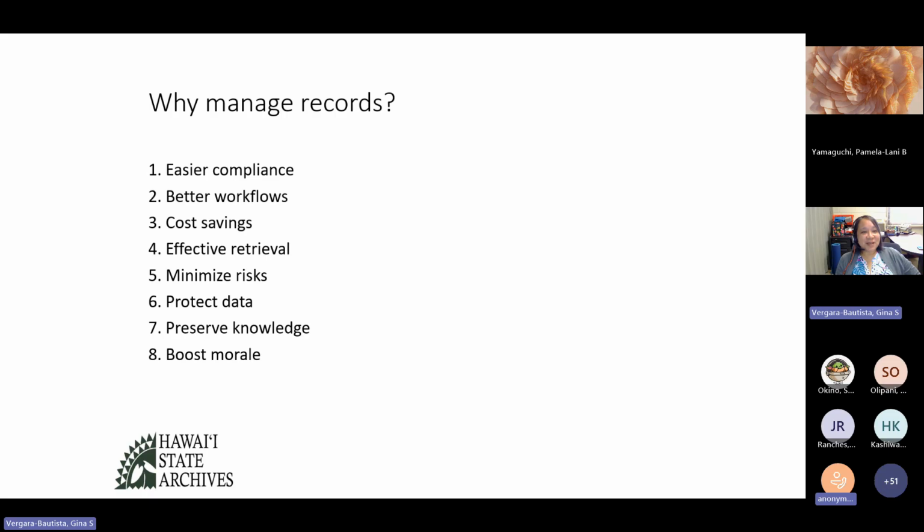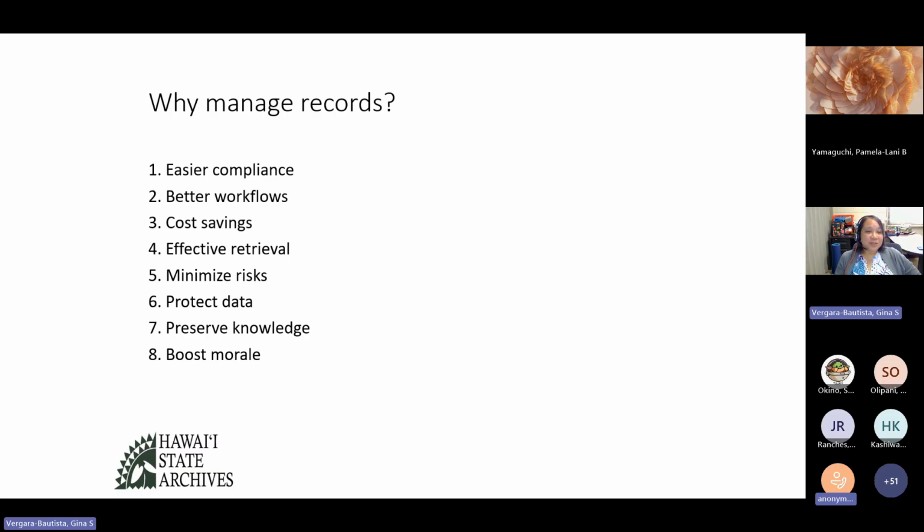So why do we need to manage our records? Once again, besides needing to comply with HRS 94-3, if our records are managed better, we actually have better workflows when we're using those records. We can save money by making sure that records that don't need to be retained are actually destroyed, and they're not taking up room in our offices or in our third-party storage.